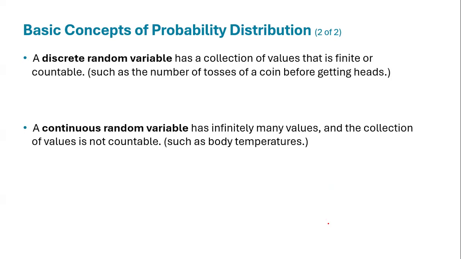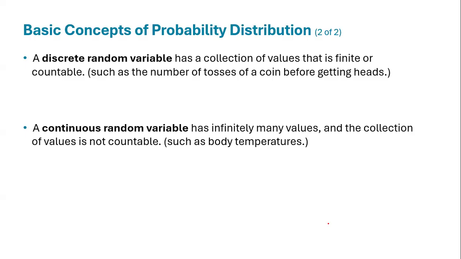When we talk about the random variable, we have two types: a discrete random variable and a continuous random variable. Discrete, as in the definitions from previous chapters, is a value that's finite or countable. When we have a collection of values that are finite or countable, we call it a discrete random variable.